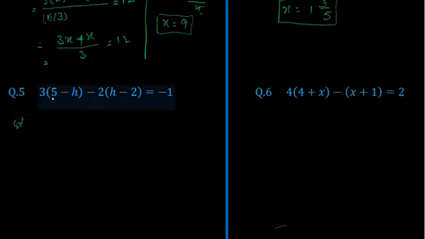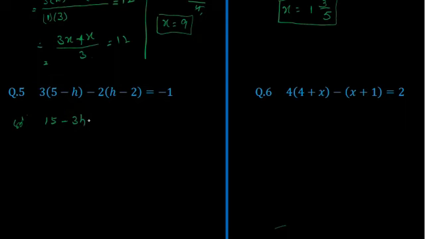Now we have to open the bracket by multiplying the number just before the bracket. So 3 multiplied by 5 becomes 15, plus plus plus, and plus minus minus, 3 multiplied by h becomes 3h, and minus plus minus, 2 multiplied by h is 2h, and minus minus plus, 2 times 2 is 4 here, is equal to minus 1.